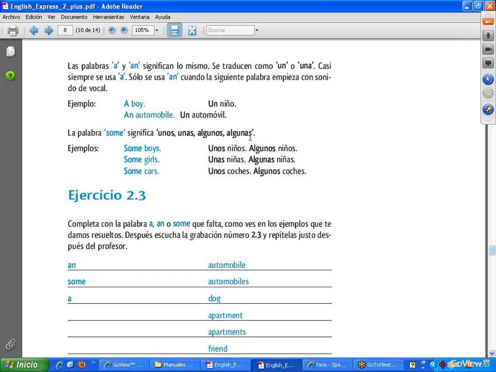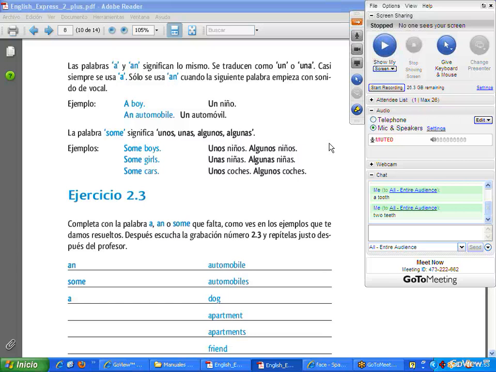Okay. Complete this exercise with the word a, an, or some. As you can see in the example, well, we give you the results in the example. An automobile.